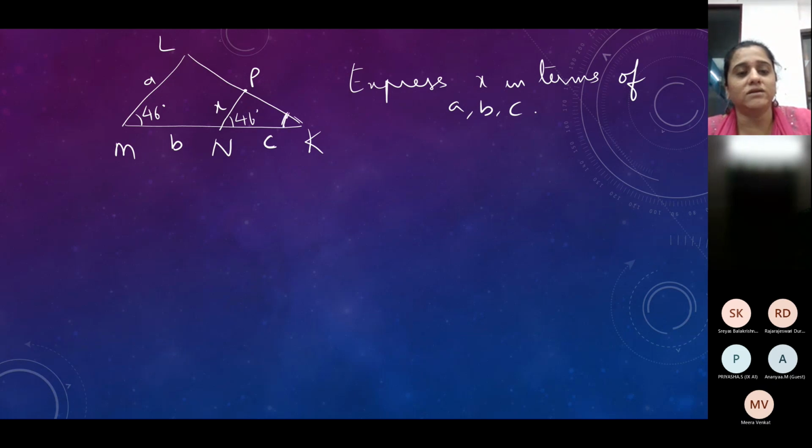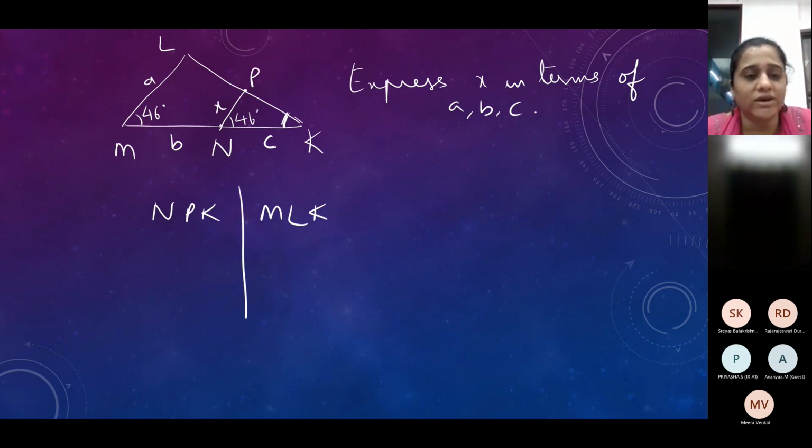In the small triangle NPK and the whole triangle MLK, K is the common angle. And then the small triangle has 46 degrees. The big triangle also has 46 degrees. So by the AA criterion, the two triangles are similar to each other.